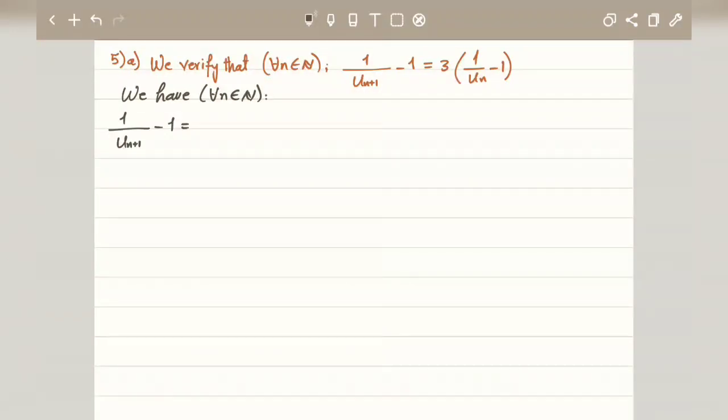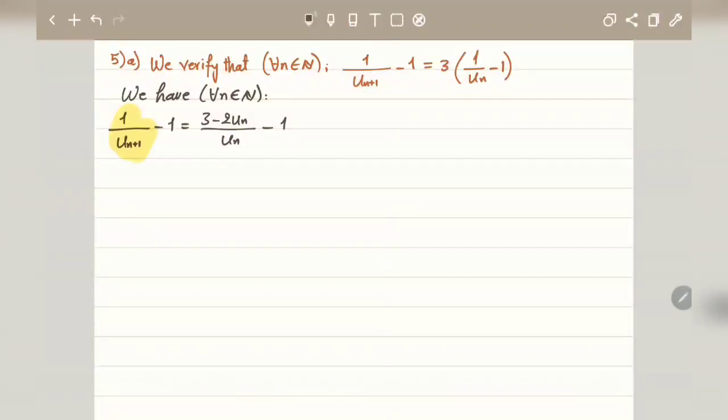And here we have un plus 1 equals un over 3 minus 2 un. So 1 over un plus 1 is the multiplicative inverse, so we have 3 minus 2 un over un, minus 1.